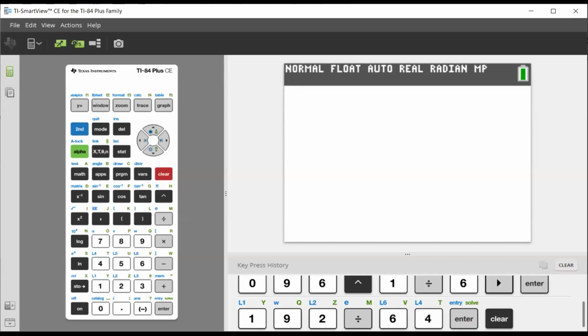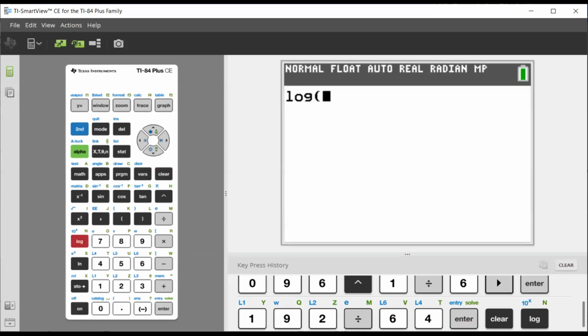So log, remember, the base is 10. So what are we trying to look for? We're trying to find the value for log 330. One good thing about the TI-84 calculator is you could literally enter the expression in the calculator. Whatever you see on the question, you would be able to see the exact same thing in the calculator.